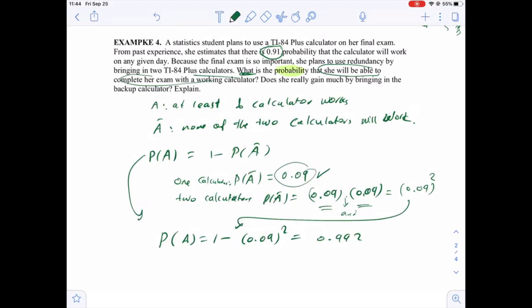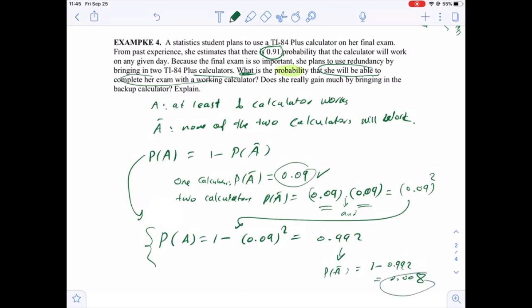What about two calculators? For two calculators it's 0.008. Because from here, for two calculators, we have 1 minus 0.992, which is 0.008.